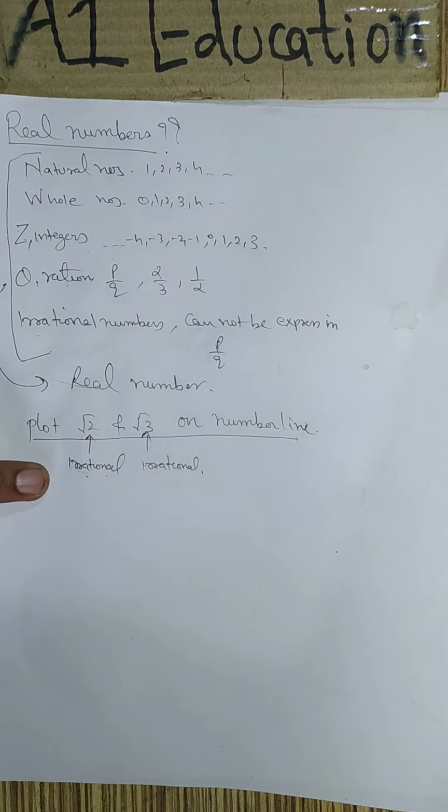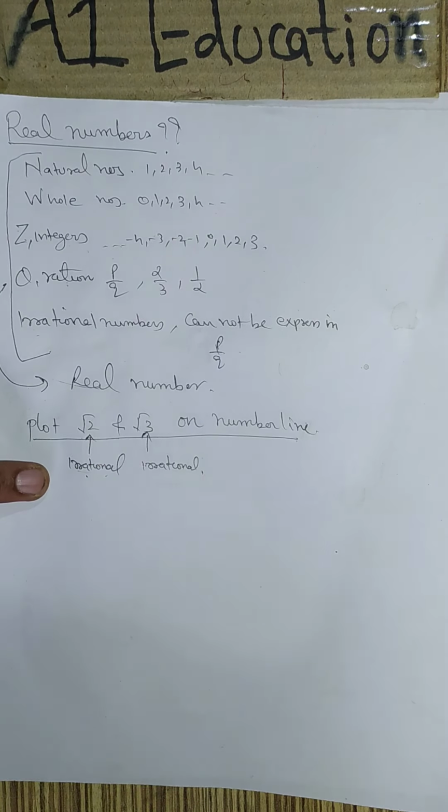To plot an irrational number, let us say I take 3 centimeter as 1 unit. Similarly, on the 90 degree line also, again here I take 3 units, so it comes somewhere here.